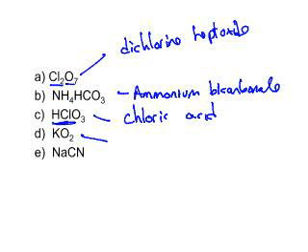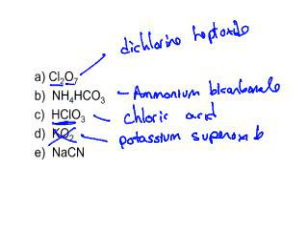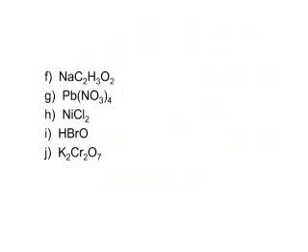KO2. Oh yeah, that's a weird one. That's potassium superoxide. Let's not worry about that one. That's really not that important. This is sodium cyanide. We didn't really talk about superoxides. All right, this one would be sodium acetate.